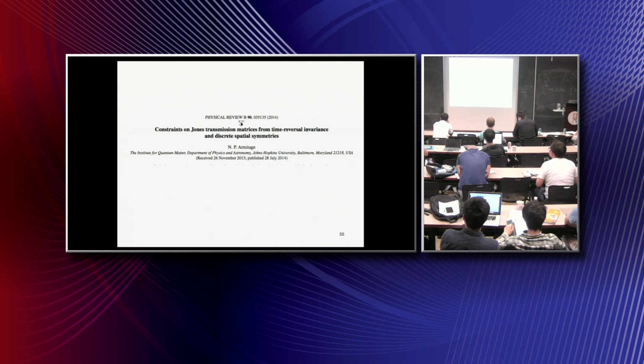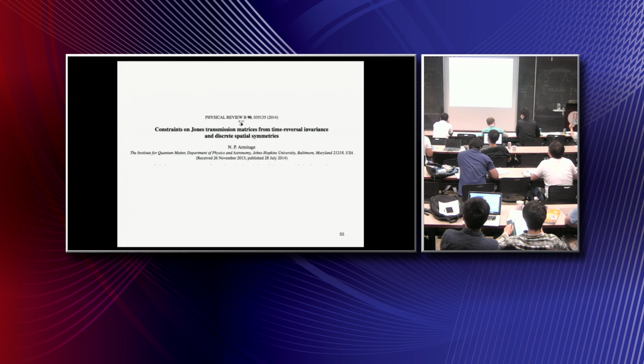This also occurs at the level of linear response. And so one of the ways that we like to think about linear response of systems is in terms of these 2x2 matrices that are called in the optics world Jones matrices.